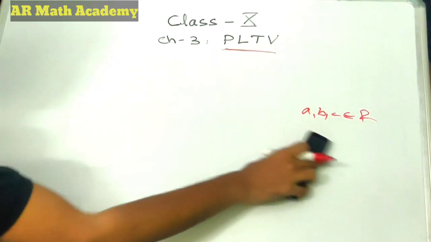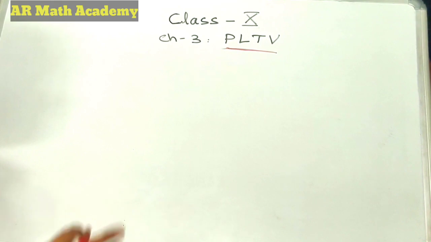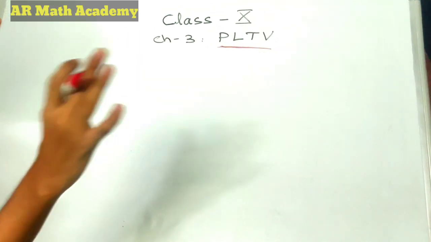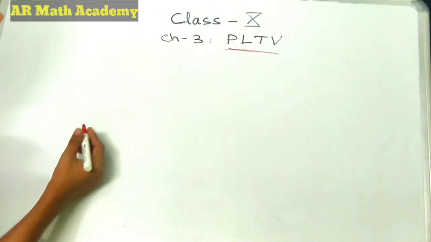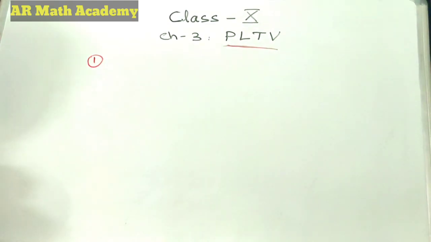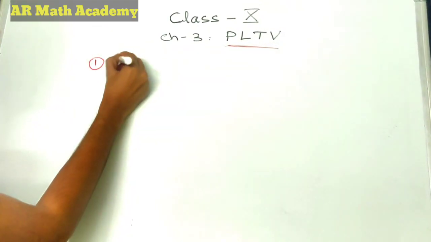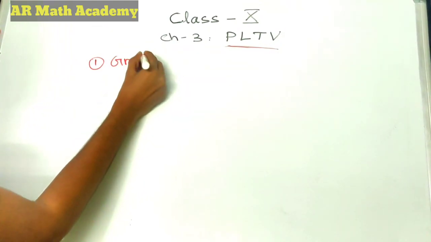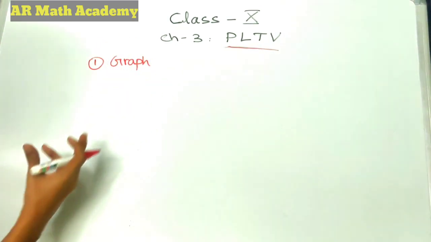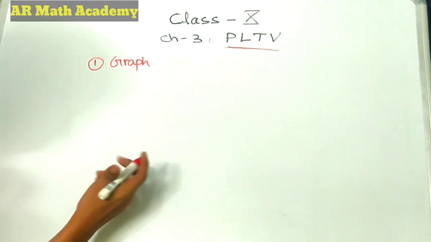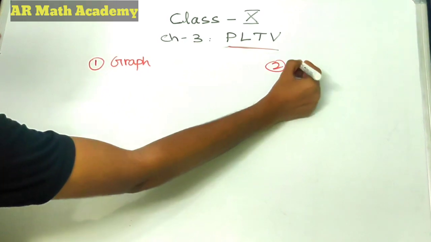Now as I have already told you, there are specific methods to find the values of x and y when two equations are given. The first method which we will be seeing over here is the graphical method, and the second method we can use is the algebraic method.